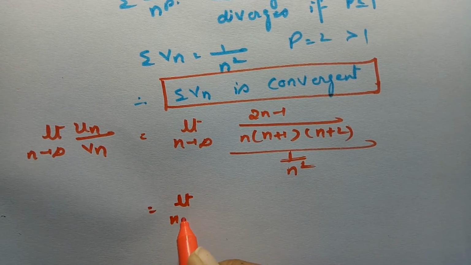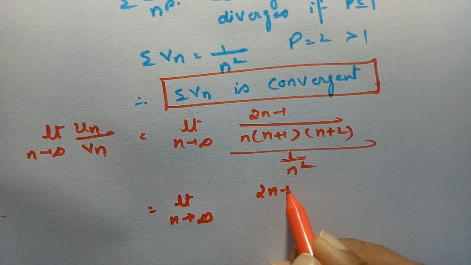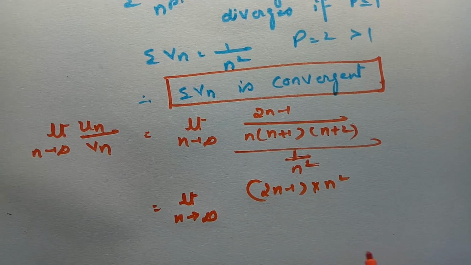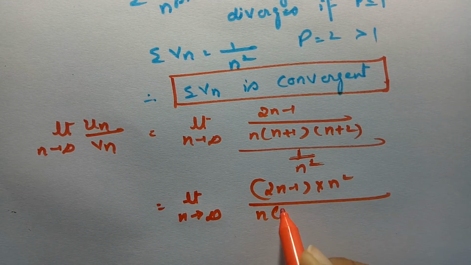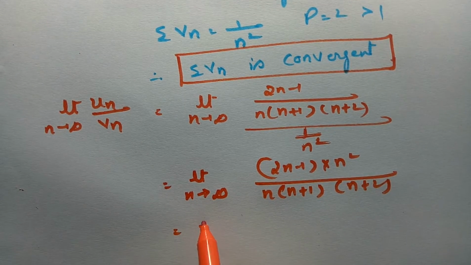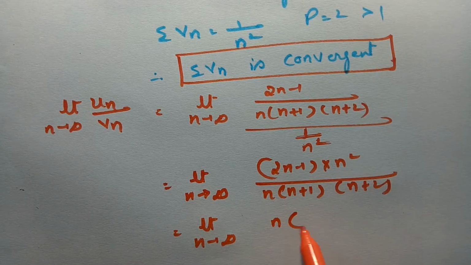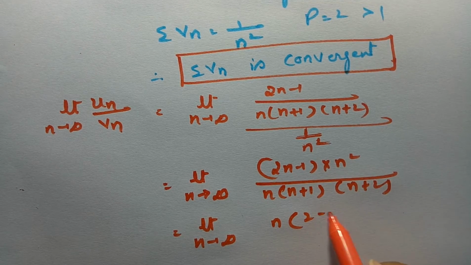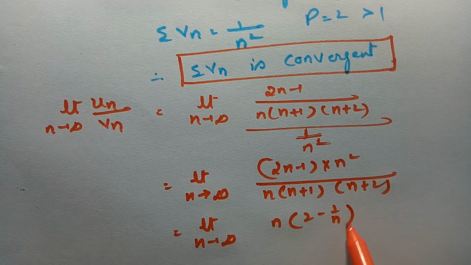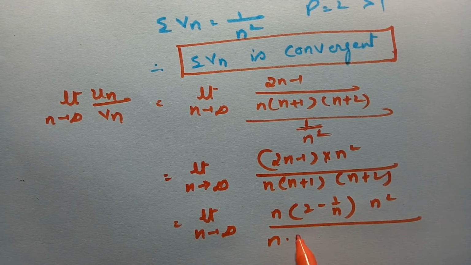So limit n tends to infinity. I have to send this n square to the numerator, that is 2n minus 1 into n square by n into n plus 1 into n plus 2. It will be limit n tends to infinity. I take n out, n is common, then 2 minus 1 by n into n square by n.